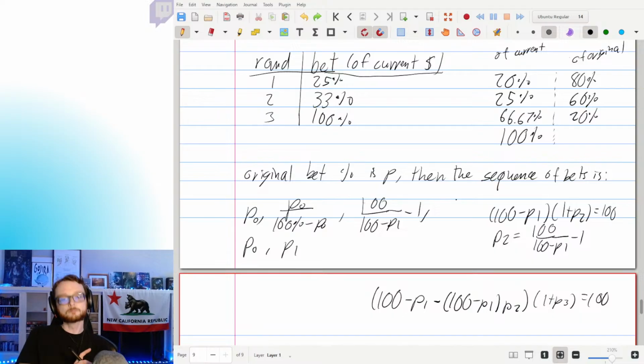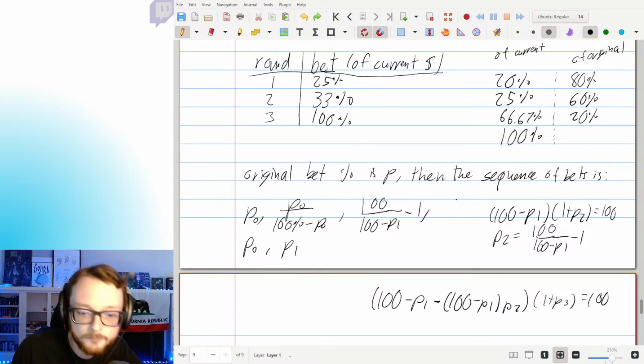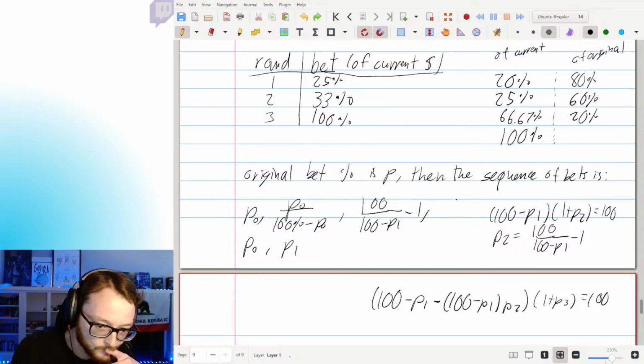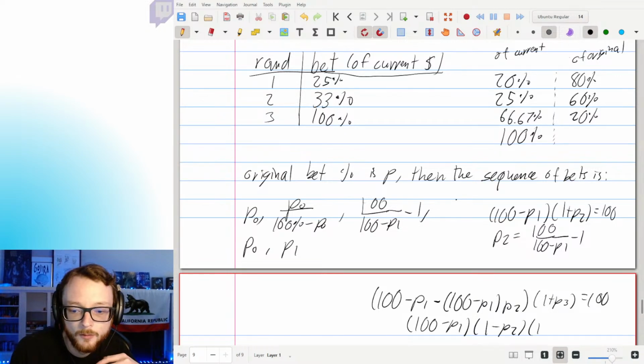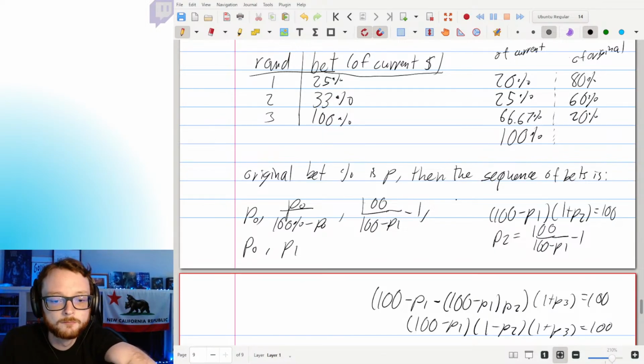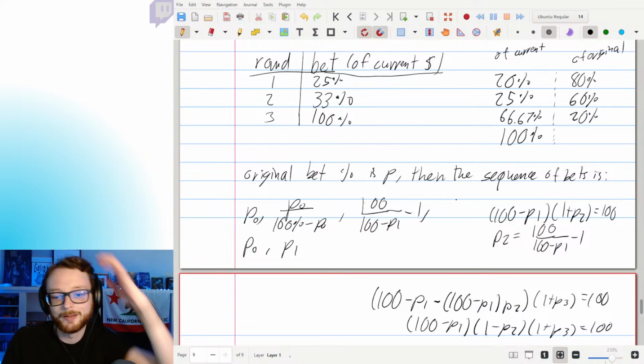That's kind of crappy. Once we factor out a 100 minus P1, okay, let's test this formula, I guess.